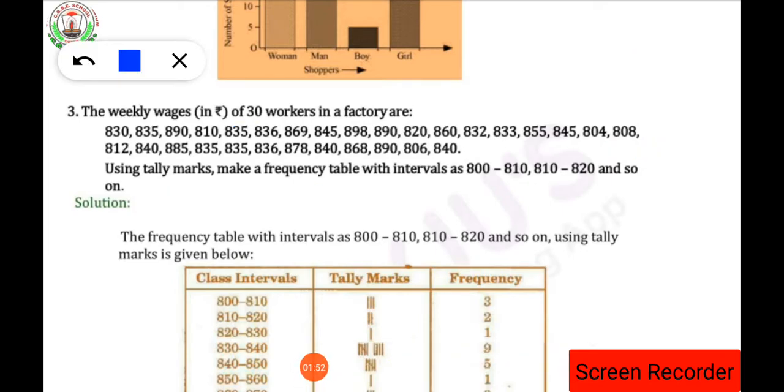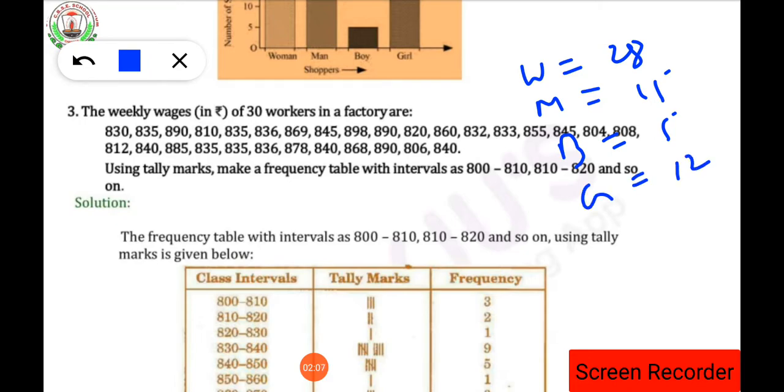Students, do you remember question number 2 which we did in the previous video? The number of women was 28, men 15, boys 5 and girls 12. Like this the data were given. If the number of women is 100, men 200, boys 500 and girls 600, it will be very large data, isn't it?